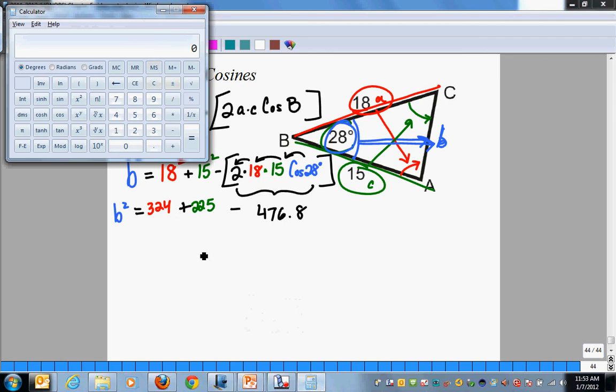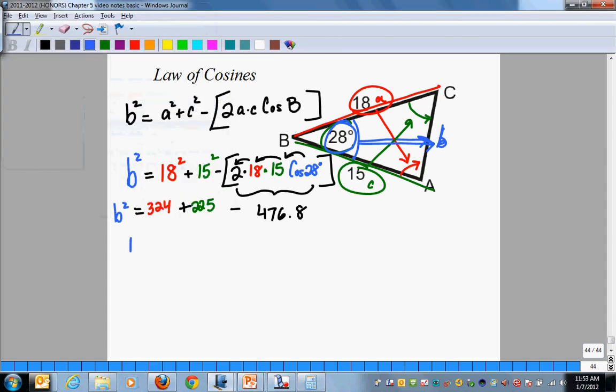Okay, now we can work this way. We're going to go 324 plus 225, and we're going to minus 476.8. We get 72.2. So now it's looking manageable.